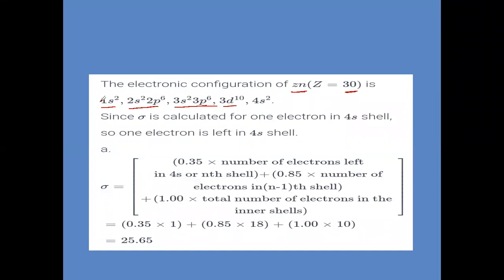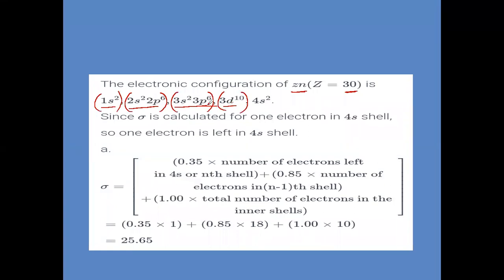Remember that when writing, the first orbit is 1s, the second orbit is 2s, 2p, the third orbit is 3s, 3p, and the d orbitals should be taken separately. If f orbitals are also present, d and f should be taken in the same group.